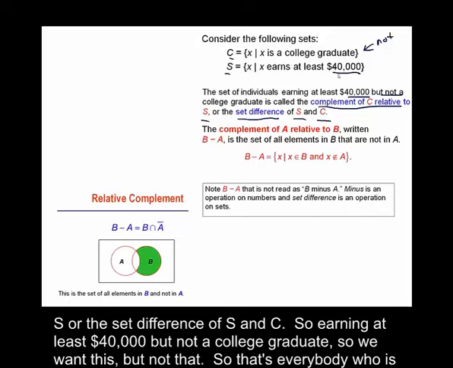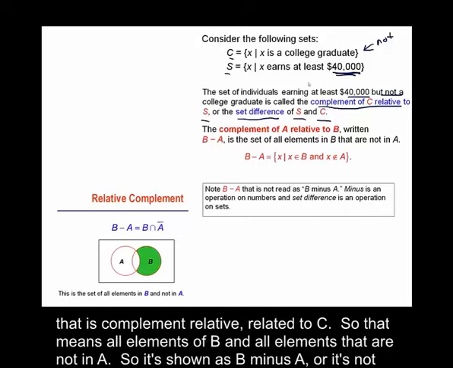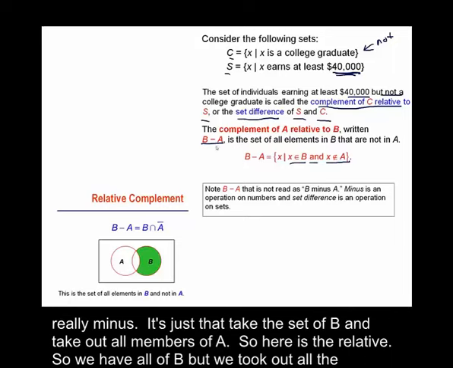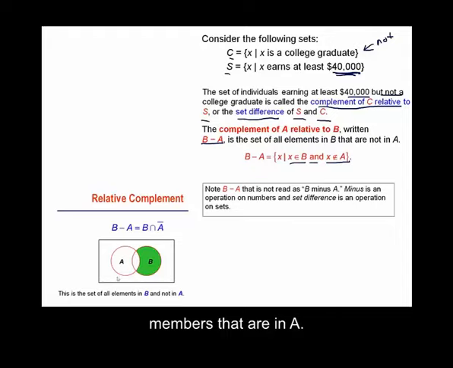So that's everybody who is the complement relative to C. So that means all elements of B and all elements that are not in A. So it's shown as B minus A, or it's not really minus. It's just that you take the set B and take out all members of A. So here's the relative complement. We had all of B, but we took out all the members that are in A.